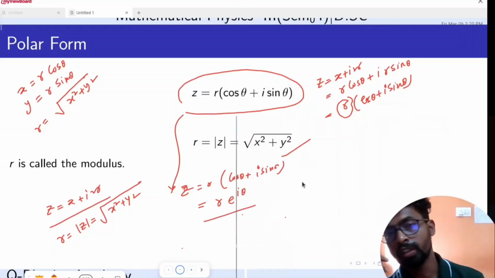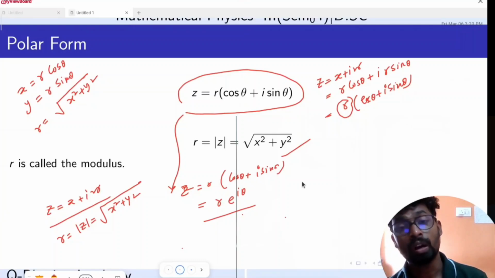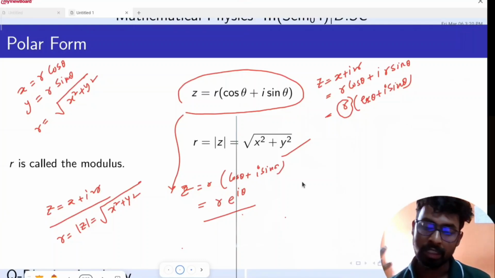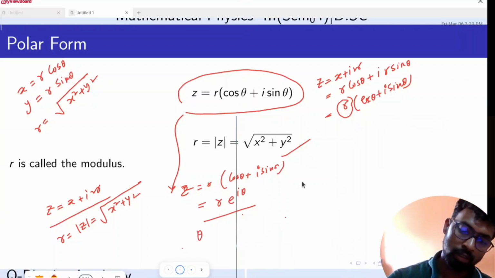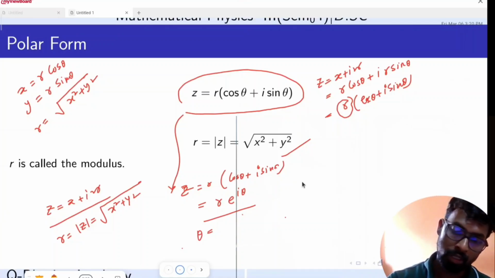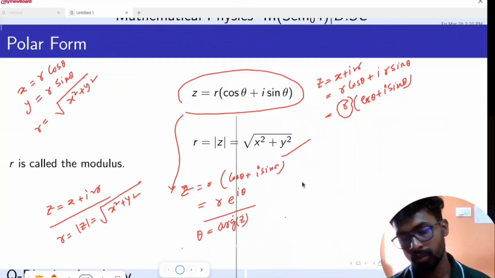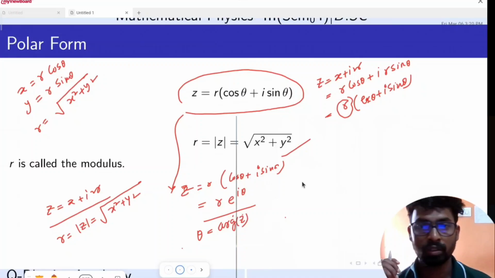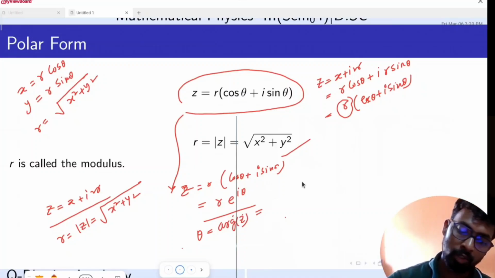So in the polar coordinate system, a complex number can be written as z = r e to the power i theta, and theta here is basically the argument of z. It is called the argument of z, and it is nothing but tan inverse y by x.